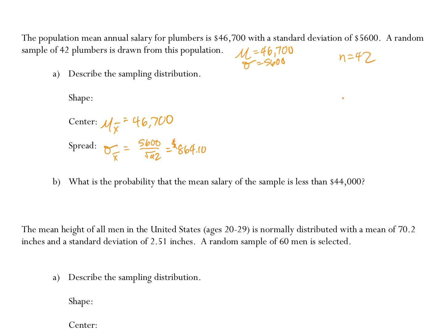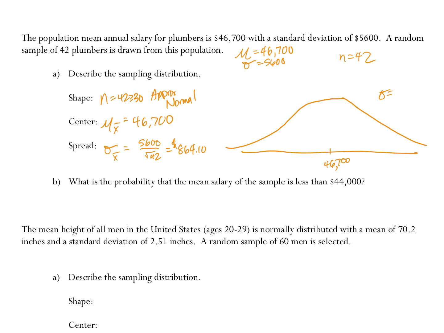Is our sample size greater than or equal to 30? So we still do have that the distribution is approximately normal. So now, here's what we know about our xbars. Approximately normal with a mean of 46,700. Standard deviation of 864.10. Okay.